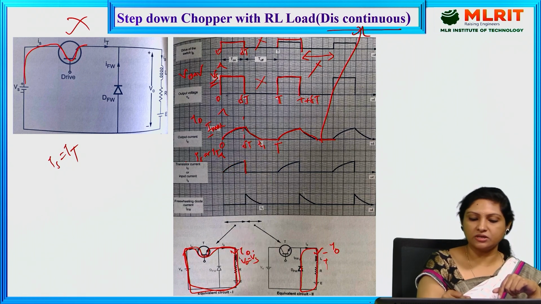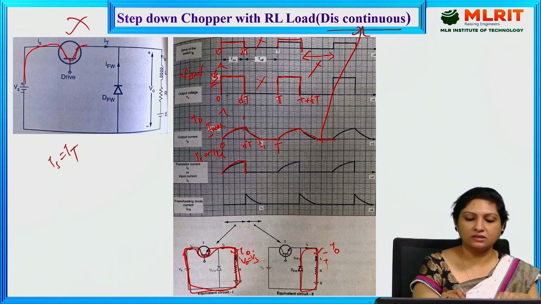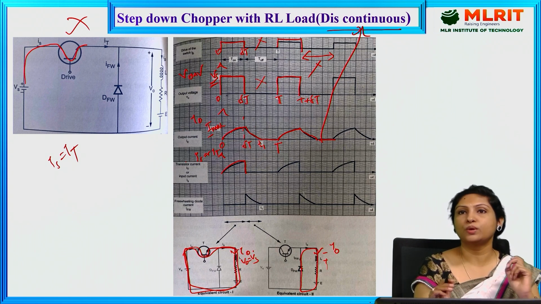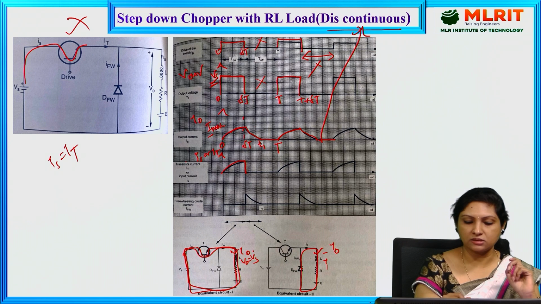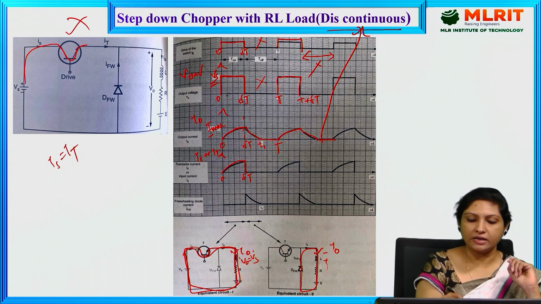And the moment it reaches delta t, since we have withdrawn the gate drive, the transistor is no more on, so we don't need to indicate the current through the transistor after delta t. It is conducting from 0 to delta t itself, and it remains off from delta t to t.